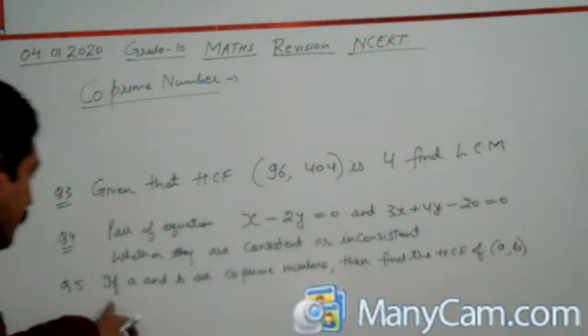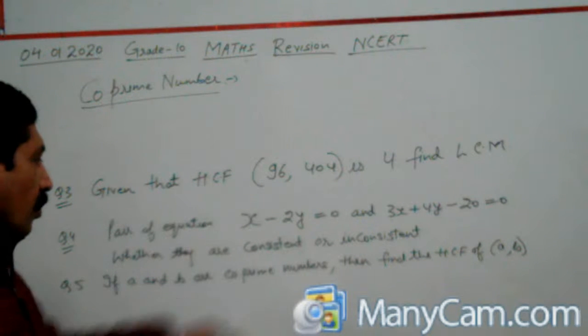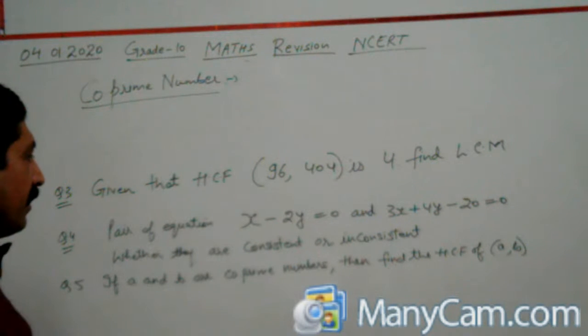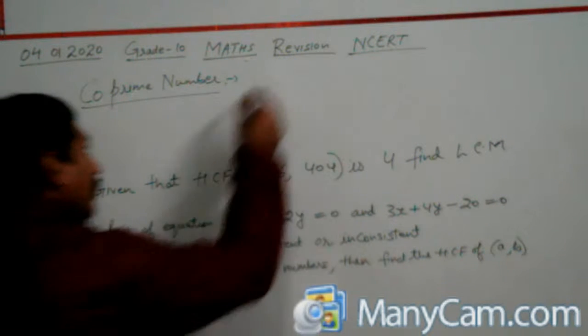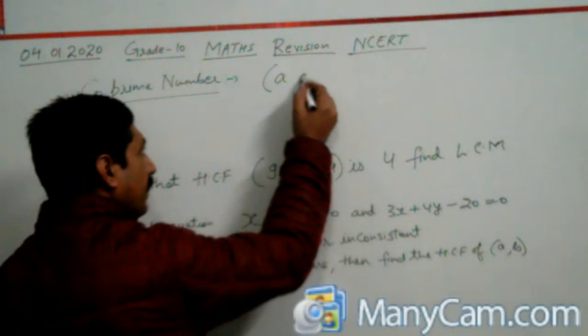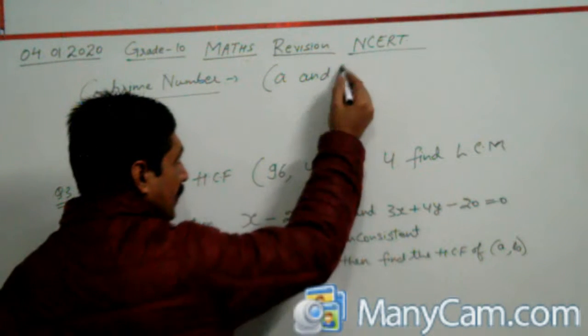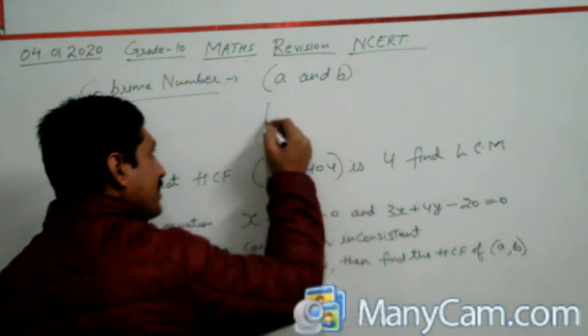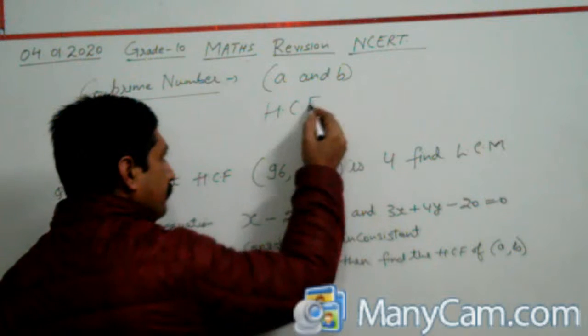Last question: if A and B are co-prime numbers, then the HCF of A and B is always 1.